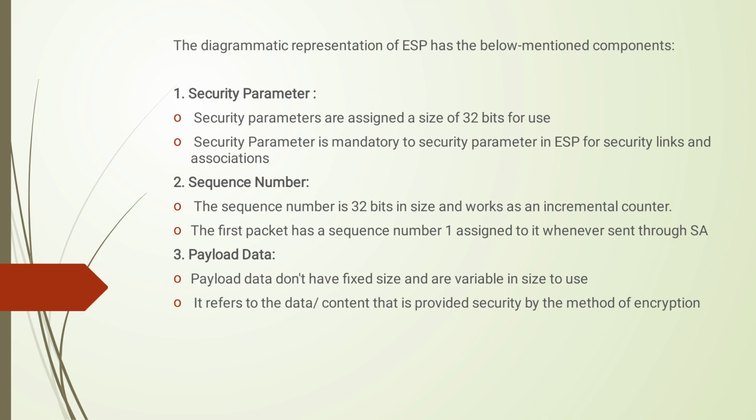Second component is sequence number. The sequence number is 32 bits in size and works as an incremental counter. The first packet has a sequence number 1 assigned to it whenever sent through SA.